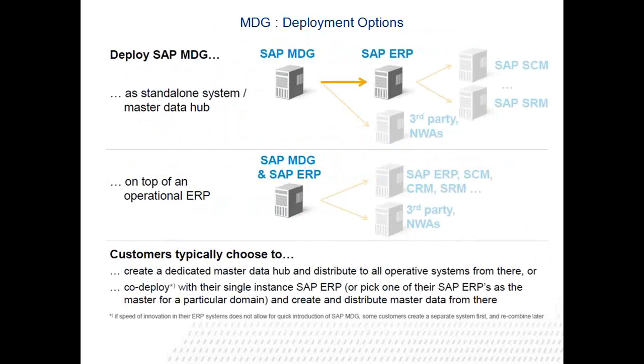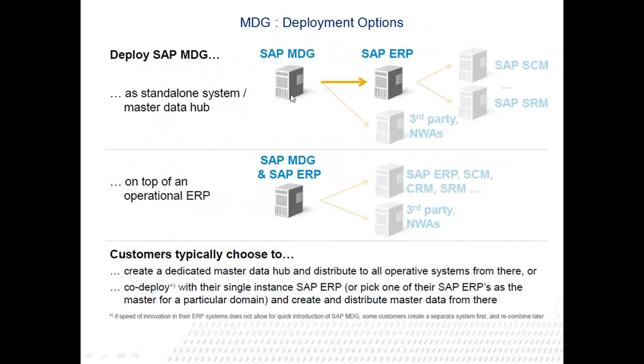The second option, installing MDG on top of the existing ERP, is called co-deployment. So there are two terminologies we normally hear: hub model or co-deployment. If you install MDG on top of existing ERP, we call it co-deployment. If it is on a separate box, it is a hub model.